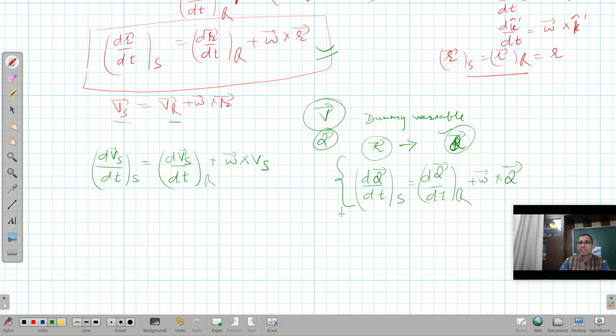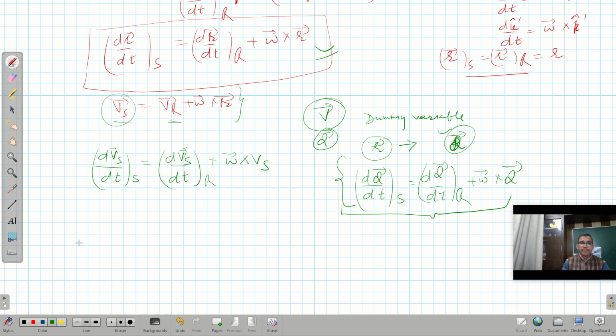Keeping this relationship in mind, this is basically a type of acceleration. But how is vs related to vr, meaning how is the velocity in the S frame linked to the velocity in the R frame? This we have derived here. So let us put the value of vs from here in this expression.